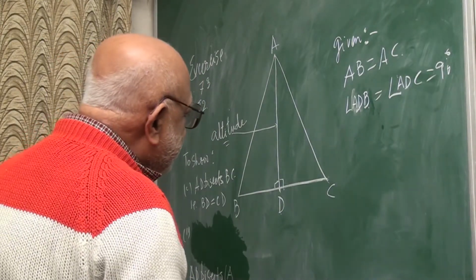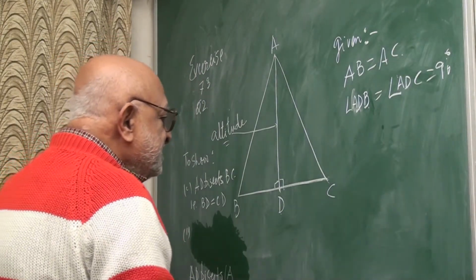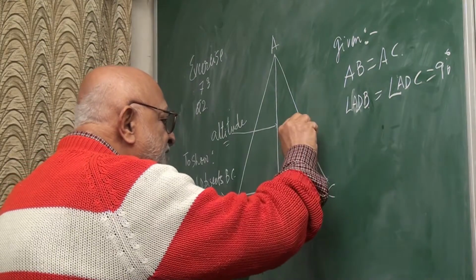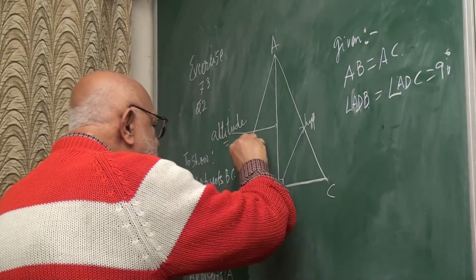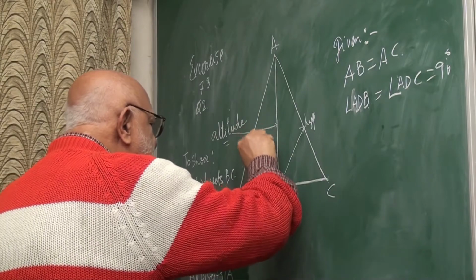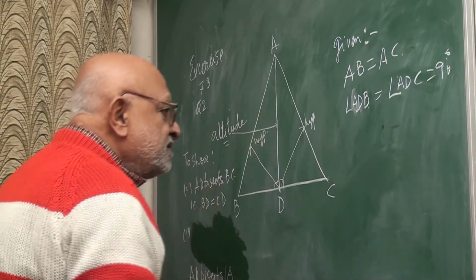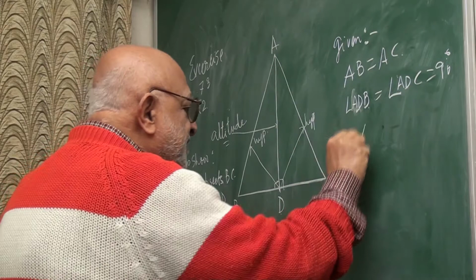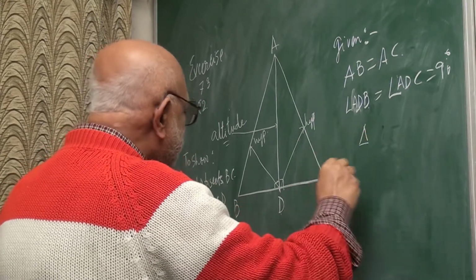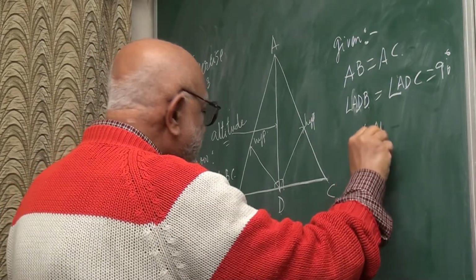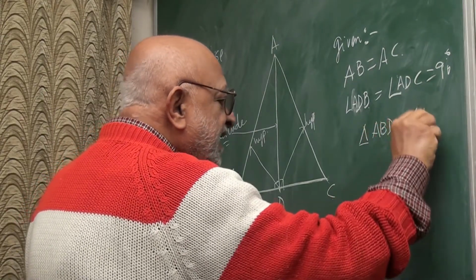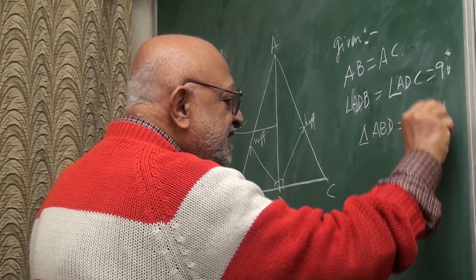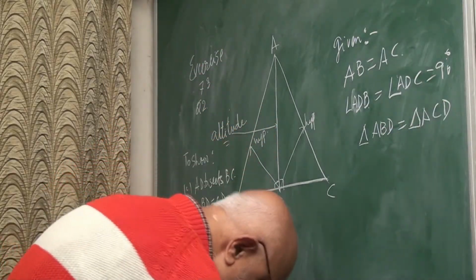Okay, if this is equal to 90 degrees, then this is a hypotenuse, HYP, and this is also a hypotenuse, and they are equal. Therefore, if I take triangles ABD and ACD, what are the two triangles I am taking?